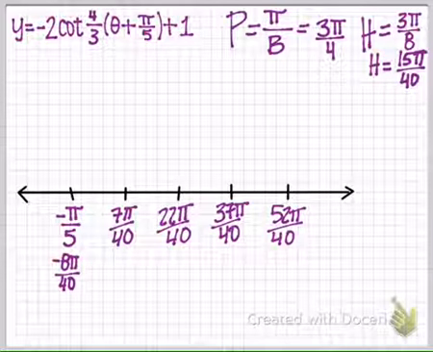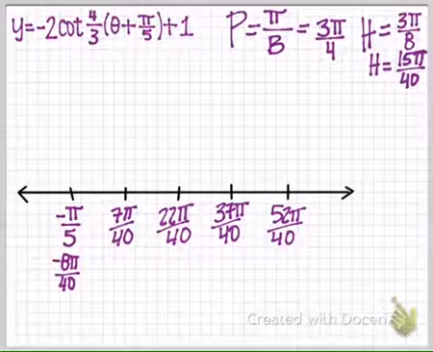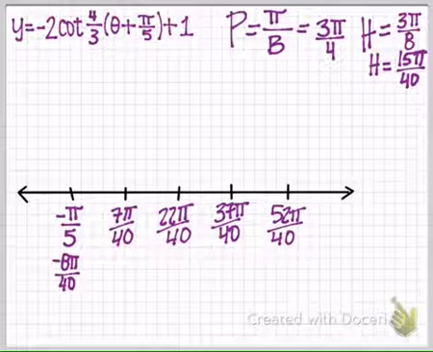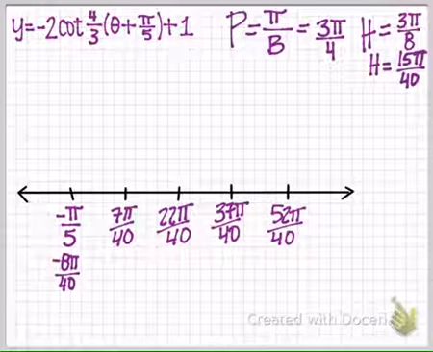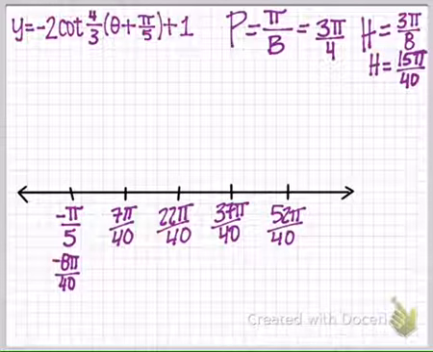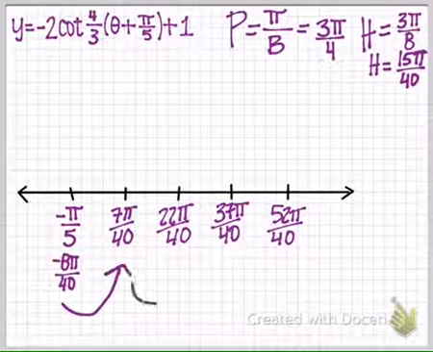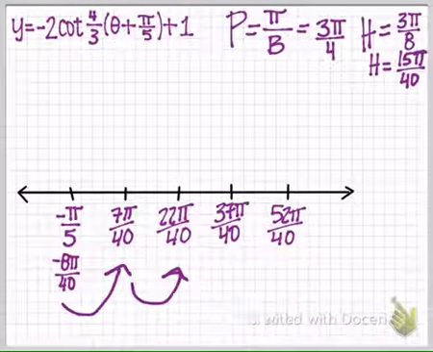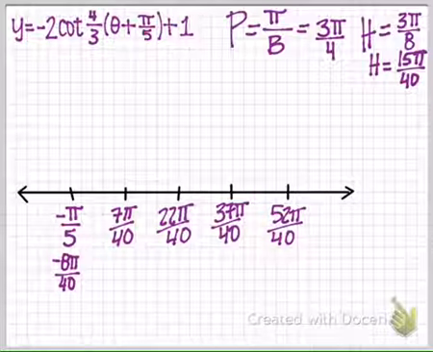So 15 pi over 40 is a half period. Then we changed negative pi over 5, because it was to the left, into negative 8 pi over 40, and continued to add 15 pi over 40 each step of the way to get the next tick mark on the graph. So everyone's okay on the theta axis?